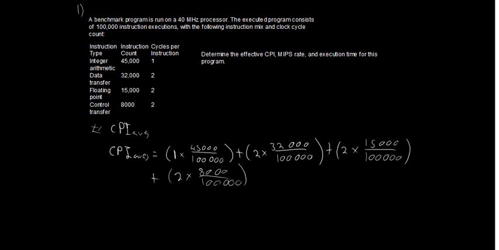I'm just going to quickly punch this into my calculator. So this is 1 times 0.45, which is 0.45. Then 0.32 times 2, which is 0.64, plus 15,000 divided by 100,000, which is 0.15 times 2, which is 0.3.